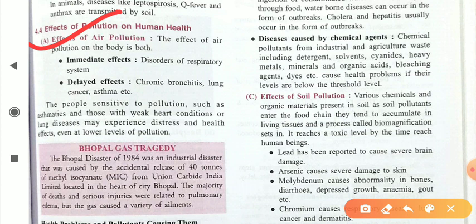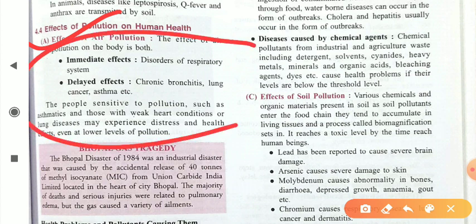There are basically two effects, known as immediate effect and delayed effect. If you talk about the immediate effect, then disorders of the respiratory system are one of the main effects of air pollution. And if you see the delayed effect, then chronic bronchitis, lung cancer and asthma are the delayed effects of air pollution.